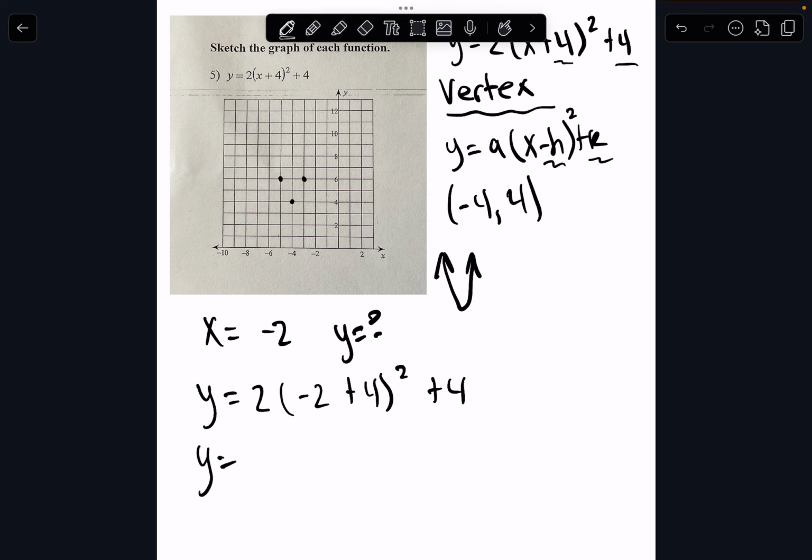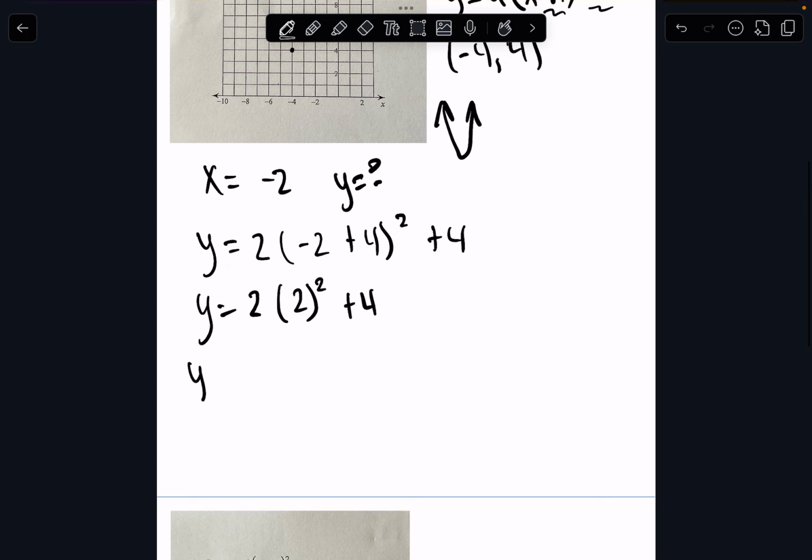We start with inside the parentheses. -2 plus 4 is 2, so y equals 2 times 2 squared plus 4. And then we do the exponents here. 2 squared is 4, so 2 times 4 is 8 plus 4, because we always do multiplication first. So we have y equals 12.